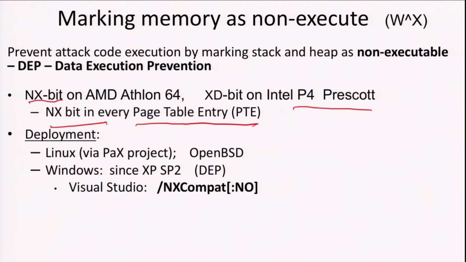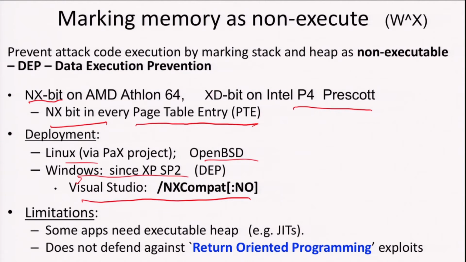And then we find that Linux, OpenBSD, Windows since XP Service Pack 2, and even the environment provided by Visual Studio, they actually provide a compile time flag to say that it should be DEP compatible, so that you cannot succeed attacking the program by putting the code in the overflow string itself.